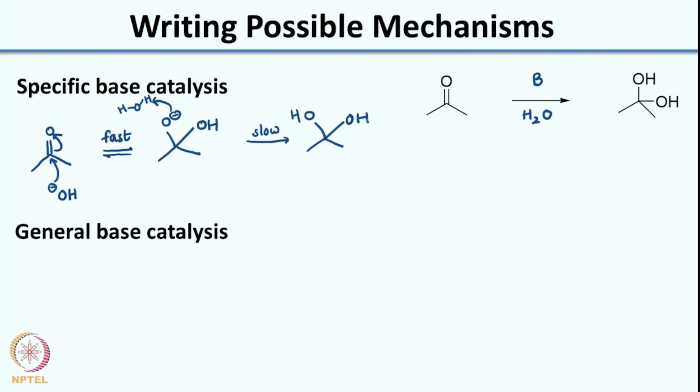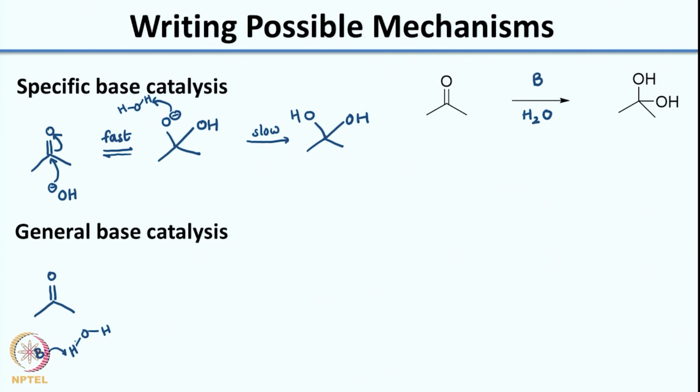Now, what will happen in a general base catalysis? In a general base catalysis, the proton transfer is rate determining and the concentration of base is important. So, let us say you have base in your reaction medium, which is water. Let us say the base grabs this proton.